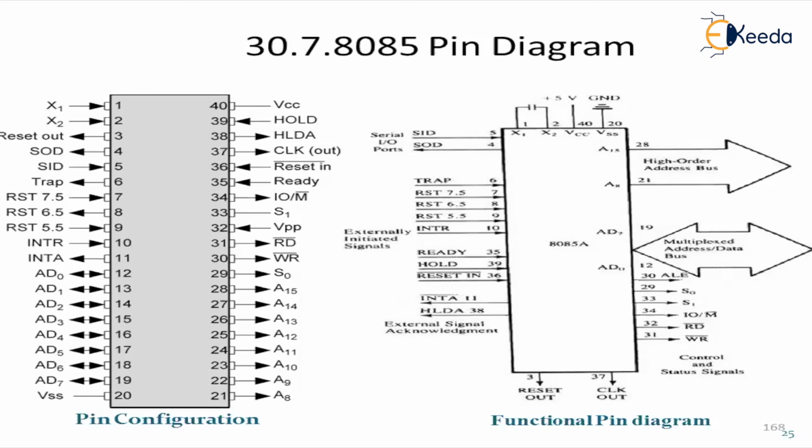Now, the thing you should remember when you're designing an 8085 processor is that the total number of pins present in 8085 is 40. So it is a 40 pin diagram, and it consists of 2 parts. You have the pin configuration and the functional pin diagram, and the different signals that are associated with the functional pin diagram.